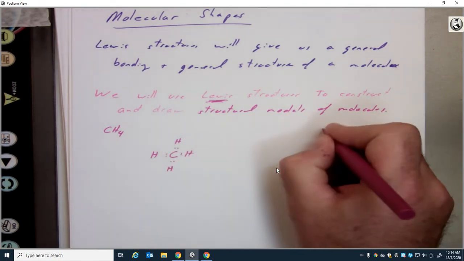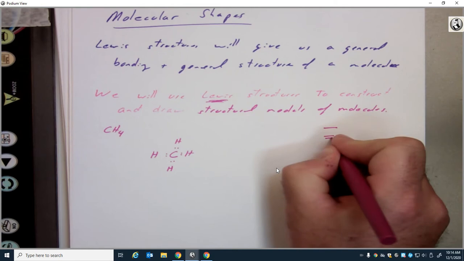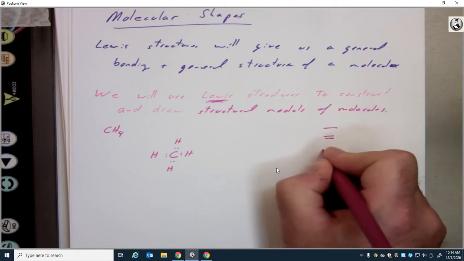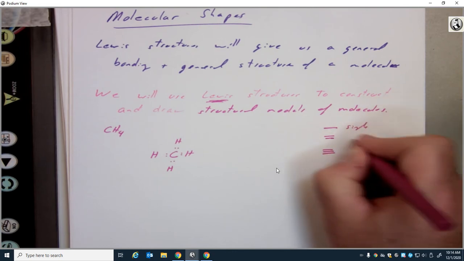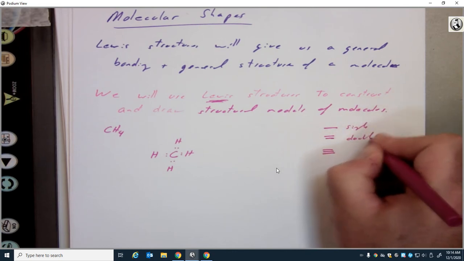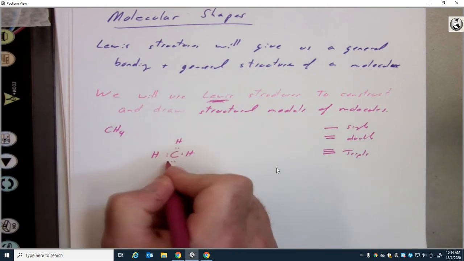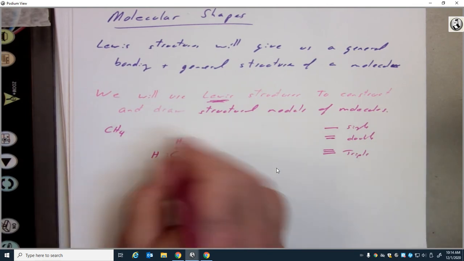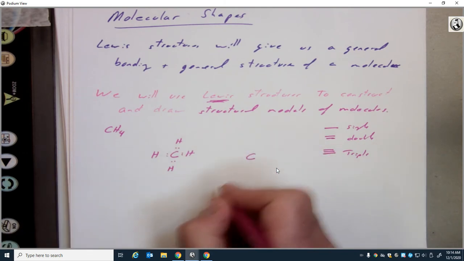If it's a single bond, we use a dash. If it's a double bond, we use a double dash. Finally, that would be our triple. So this is my single, double, triple. Now, these are all single bonds. We're going to learn this is a tetrahedral shape, and carbon would go in the middle.